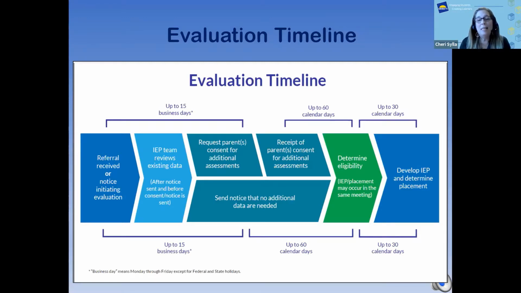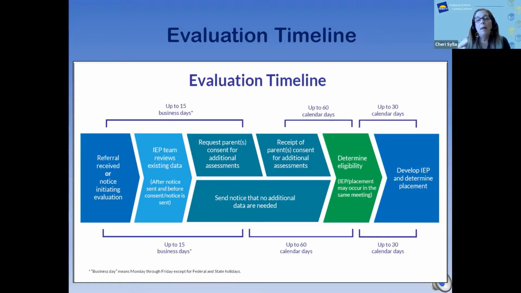Oftentimes that data isn't strong enough or isn't enough. And so during that time, the school is identifying what types of additional assessments they need to perform in order to make that decision as to whether or not the student qualifies.